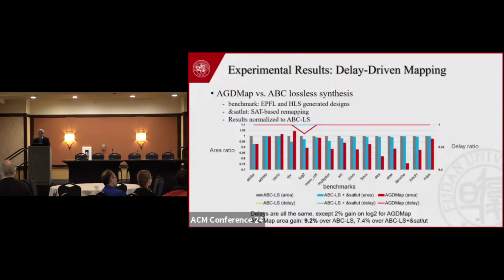On the delay side, all three approaches get the same delay, except for one design, log2, where our approach gets a slightly better, 2% less delay. For the area comparison, we get a 9.2% area reduction over ABC LS and a 7.4% area reduction over ABC LS plus SAT remapping.